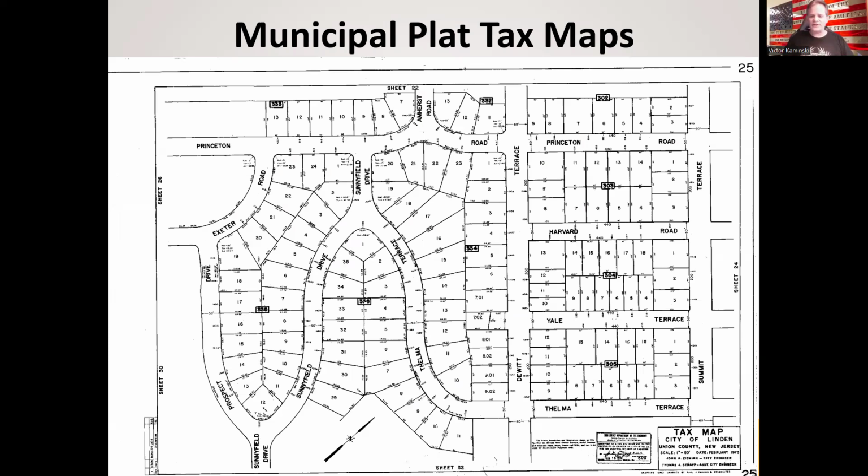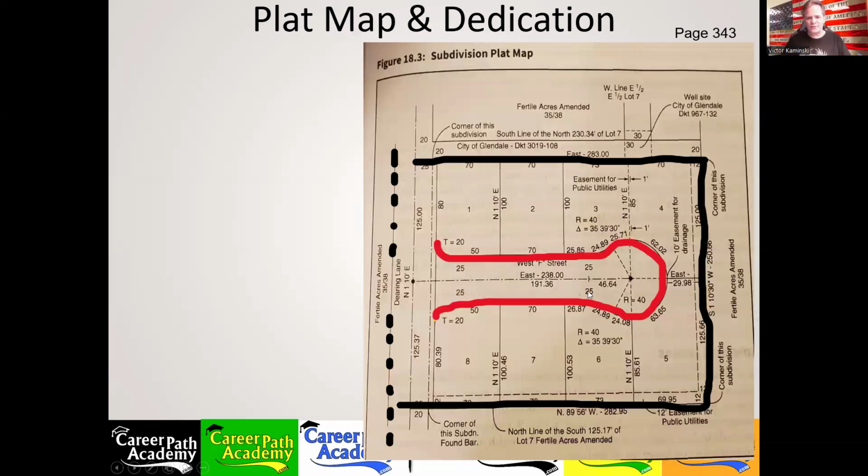Now you're selling all these houses on this street. You're building houses over here on each one of these lots and selling them. Somebody needs to maintain the streets and keep them clear of snow and then repair them when they start getting torn up. So it's on your land, so you've got to do it.